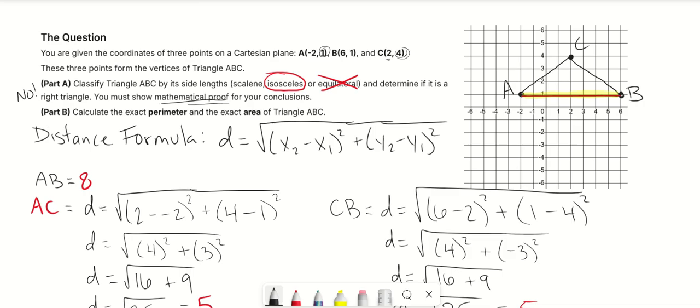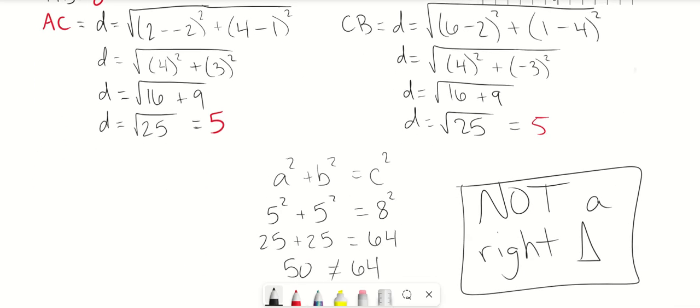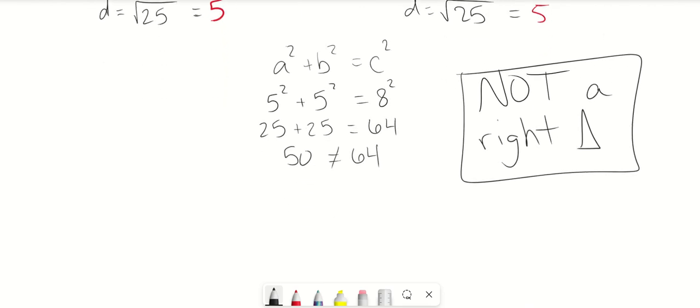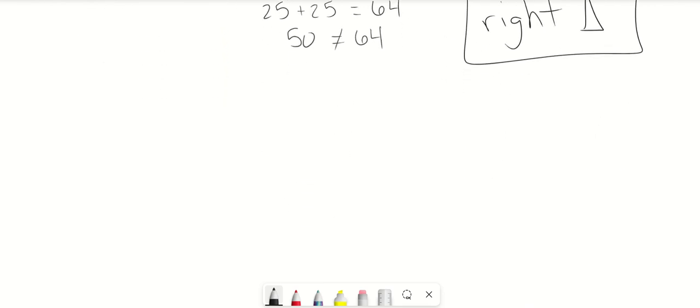Now, part B, calculate the exact perimeter and the exact area of triangle ABC. Let's think about how we calculate those things. Well, how do we find the perimeter of something? The perimeter is what you get when you add up all the sides.